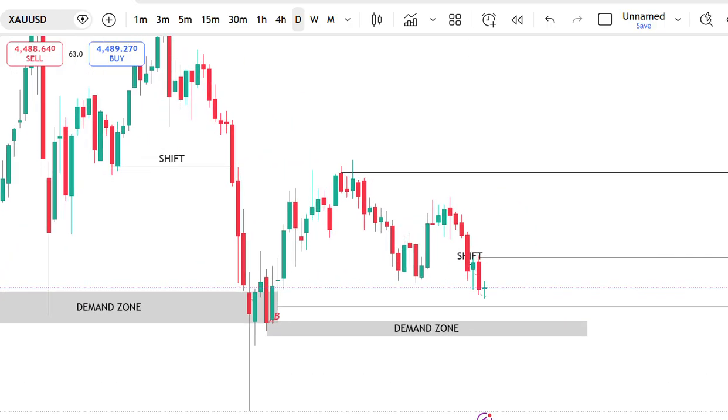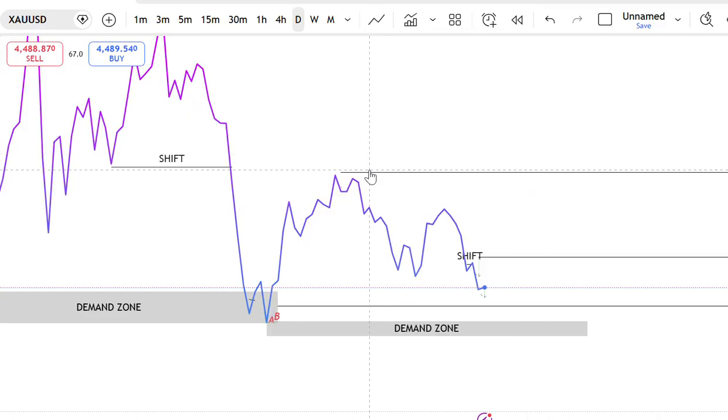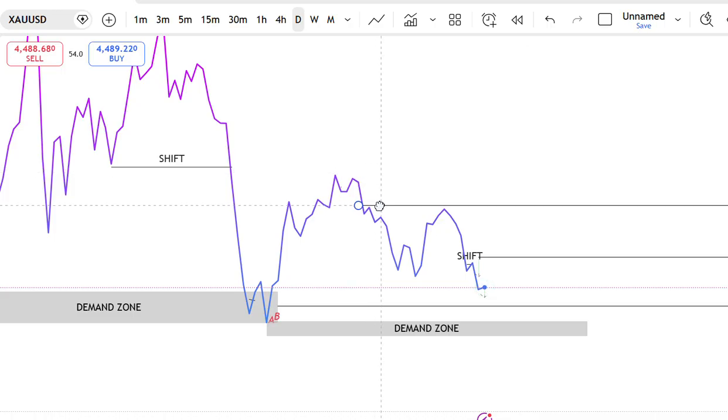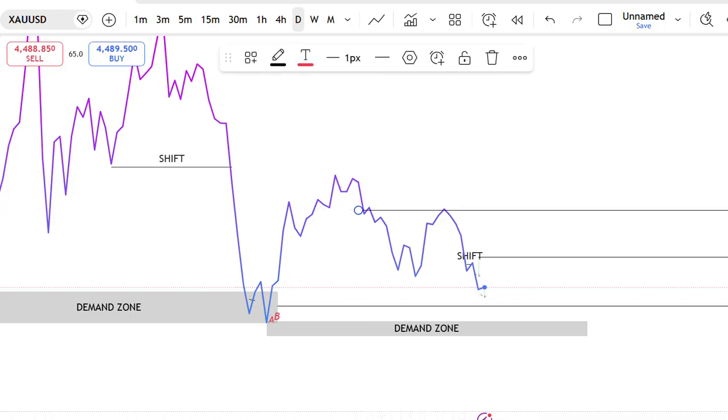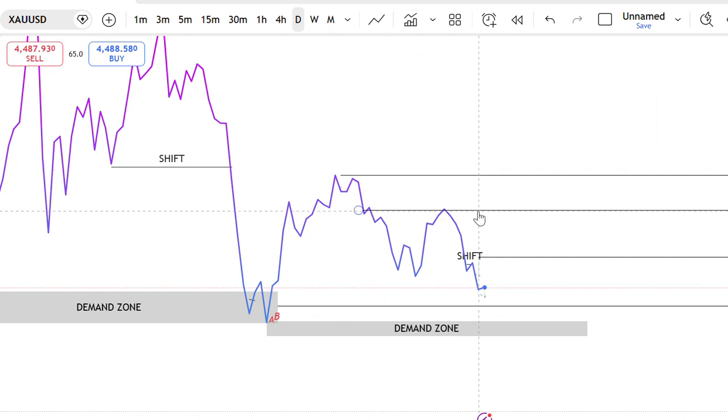As you can see clearly, the market ended at this place here. So the market just ends here, and also the market failed to break this level.